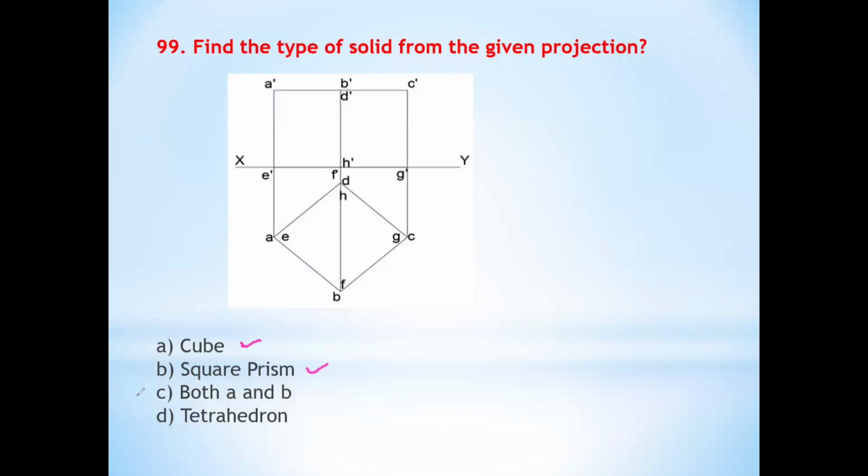That means option C can be correct, both A and B, because we know that a cube can also be called a square prism. That's why both A and B will be correct. Option D, tetrahedron, will not be correct. So option C will be correct here.